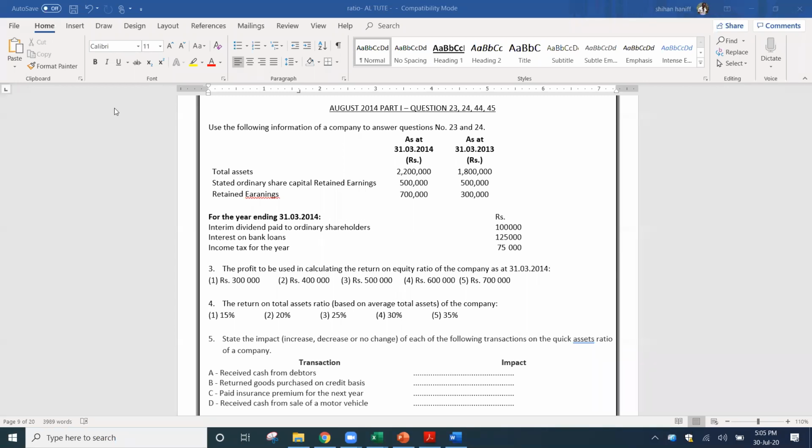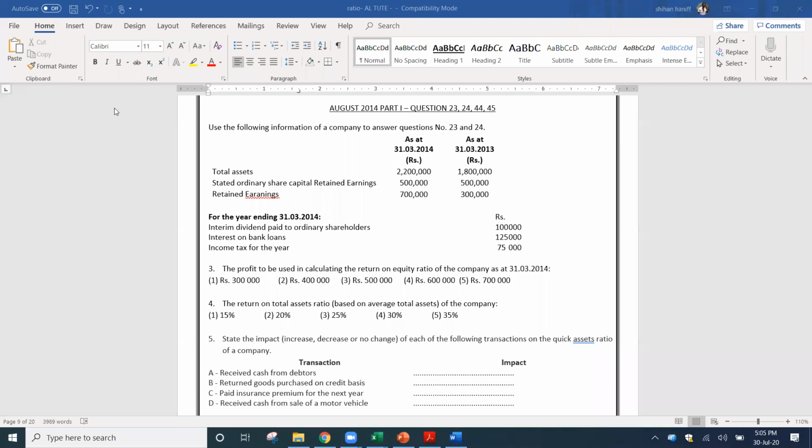Use the following information of a company to answer questions 23 and 24. Total assets are given, stated ordinary share capital, retained earnings at the beginning and end of years 13 and 14.